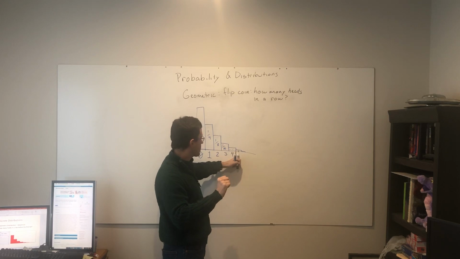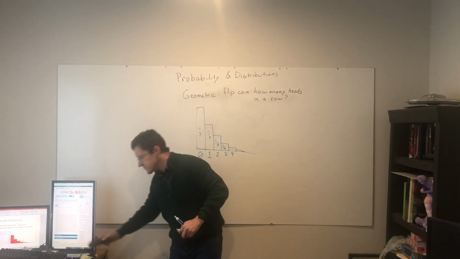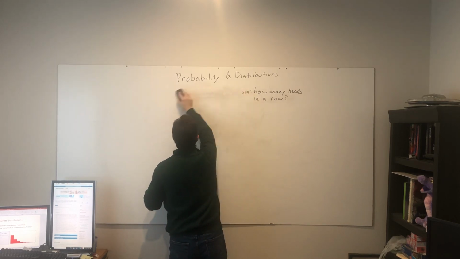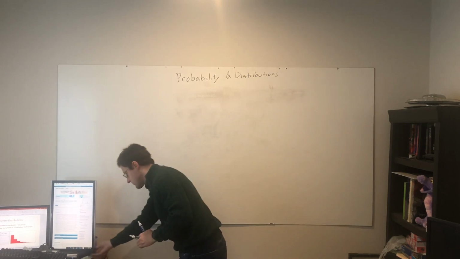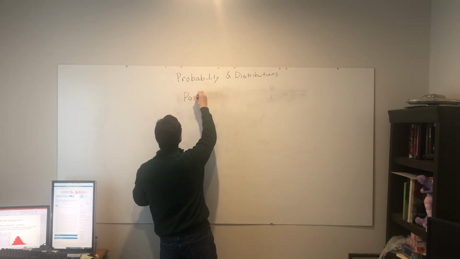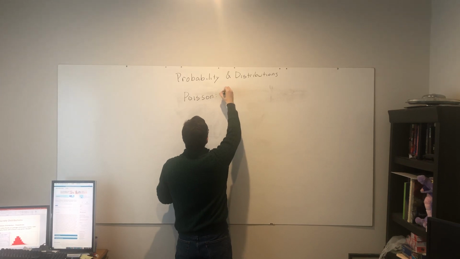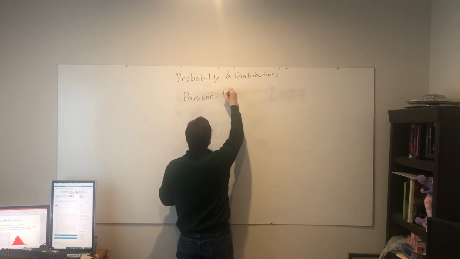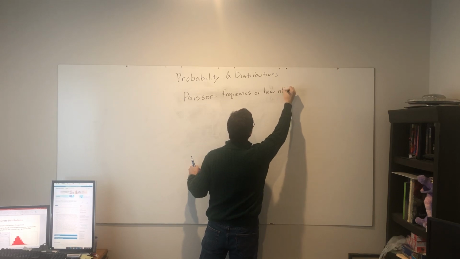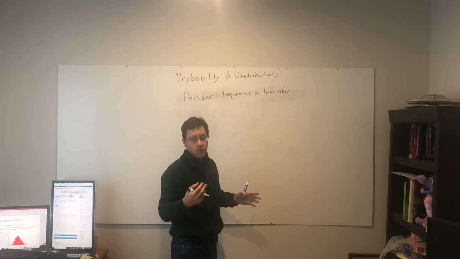That would be 1 out of 64 to have exactly 5 heads in a row. One, it doesn't quite relate as well to flipping coins.